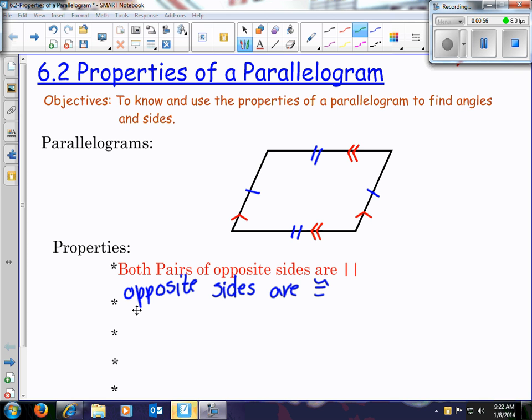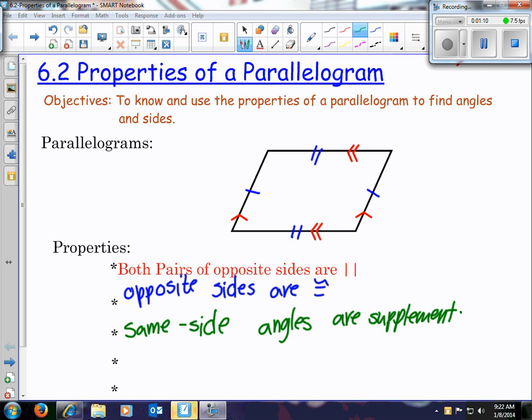Now, the other thing that we need to know is that same side angles are supplementary. Now, if two angles are supplementary, I hope you remember that that means they add up to 180 degrees.